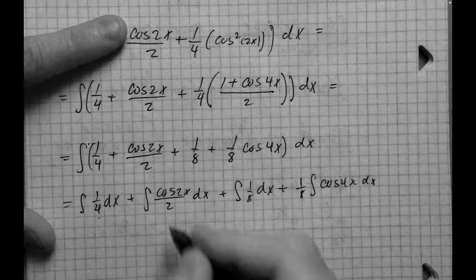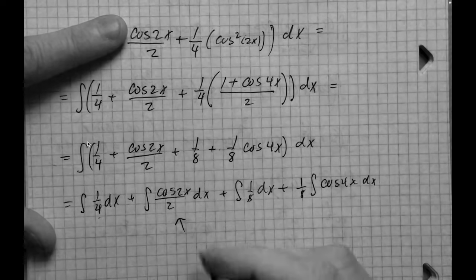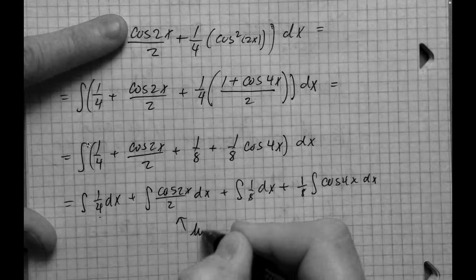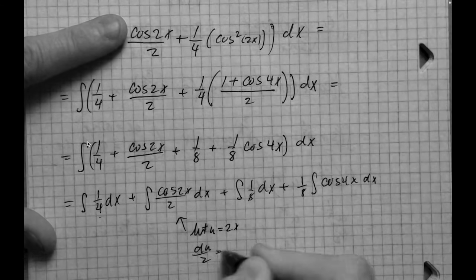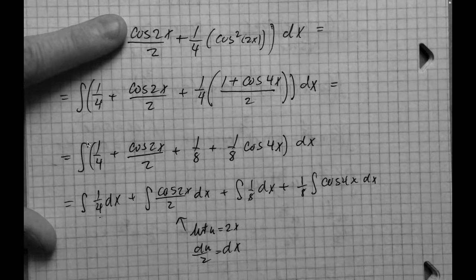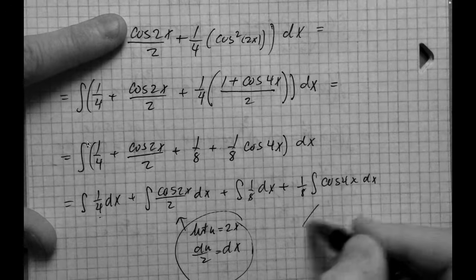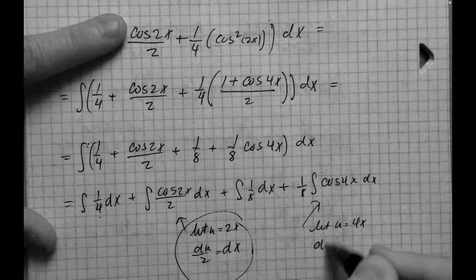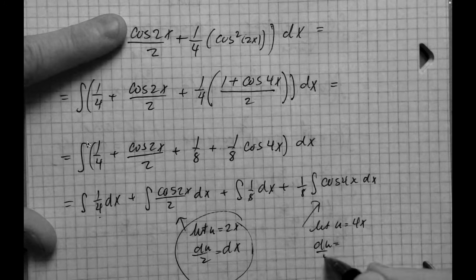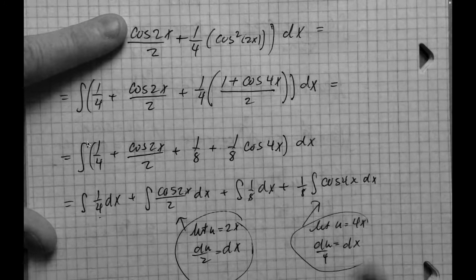This one here, we'll just use a simple u substitution. We'll let u equal 2x, then du over 2 equals dx. Okay, no problem there. And this one will be similar. We'll let u equal 4x, then du over 4 will be equal to dx.